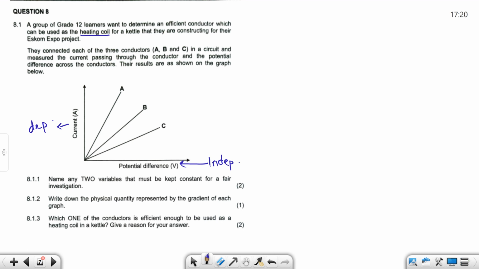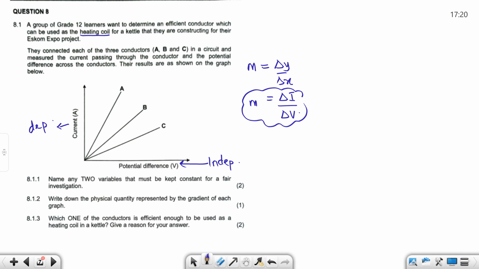Secondly, you divide. And number three, you write as a straight line. If I were to divide, I'm looking for the gradient here. Change in y over change in x. What's on the y-axis? It's current. What's on the x? Potential difference. Now, the question is, what is this representing?